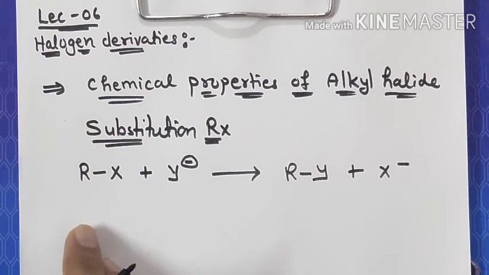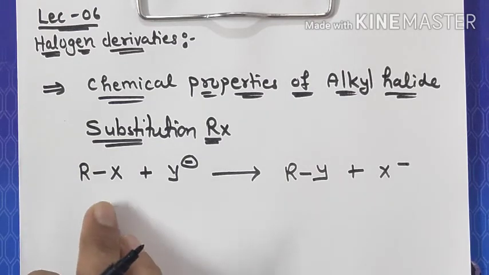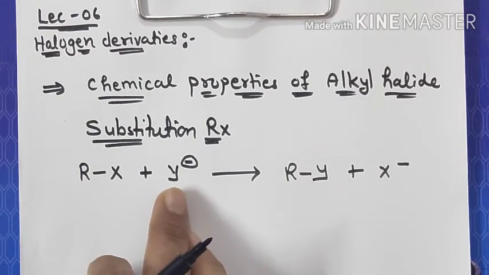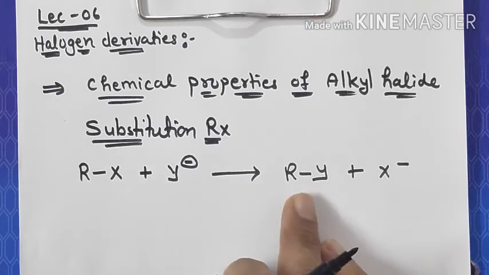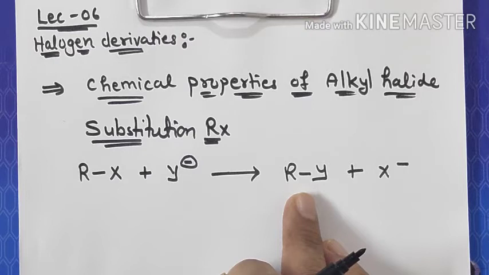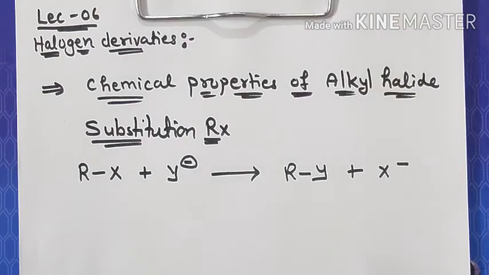That means in this reaction the nucleophile has substituted X, that is the halogen, to form RY. This is what we call a nucleophilic substitution reaction.